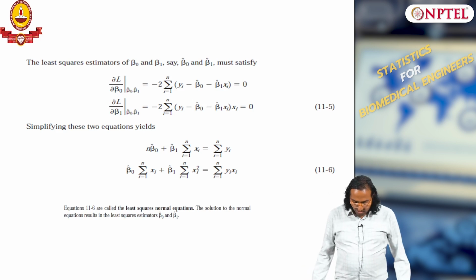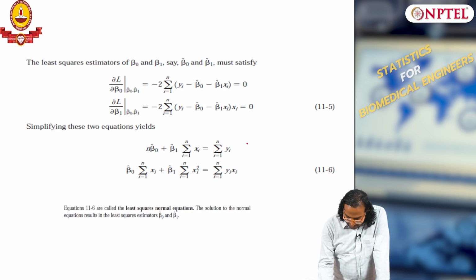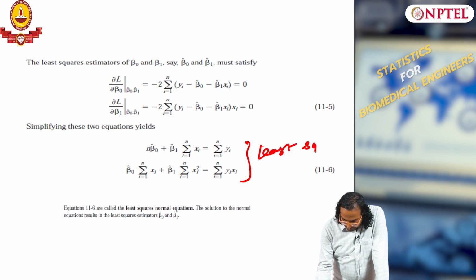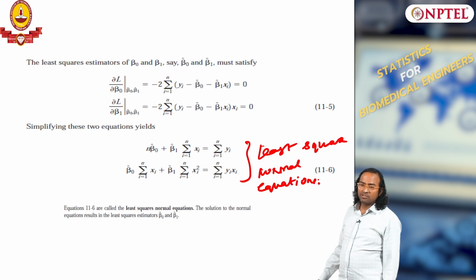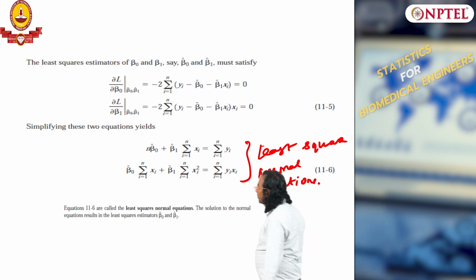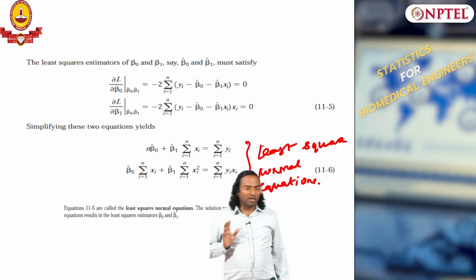This is called least squares, because we are minimizing the squared error, and these are the normal equations after partial differentiation. When you solve these 2 equations, you get beta naught and beta 1.